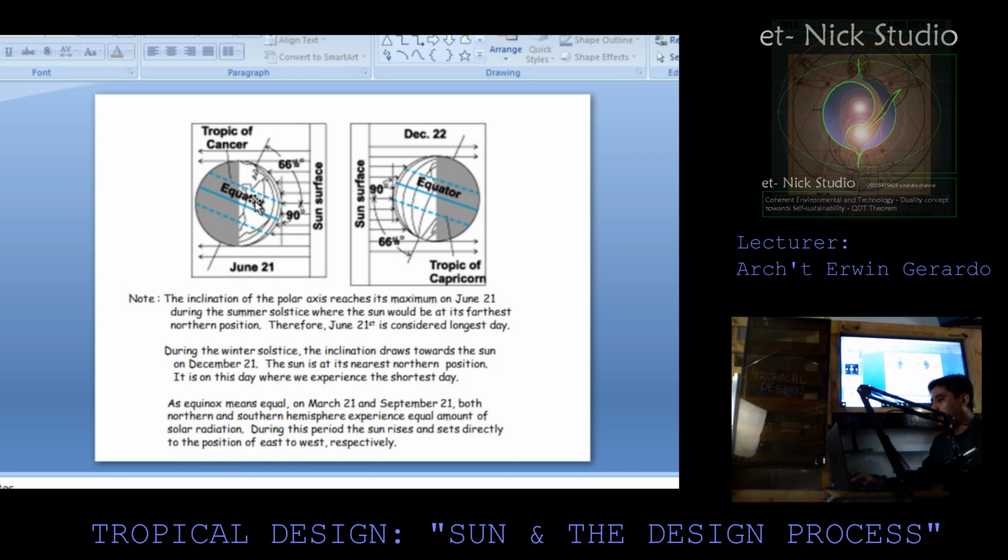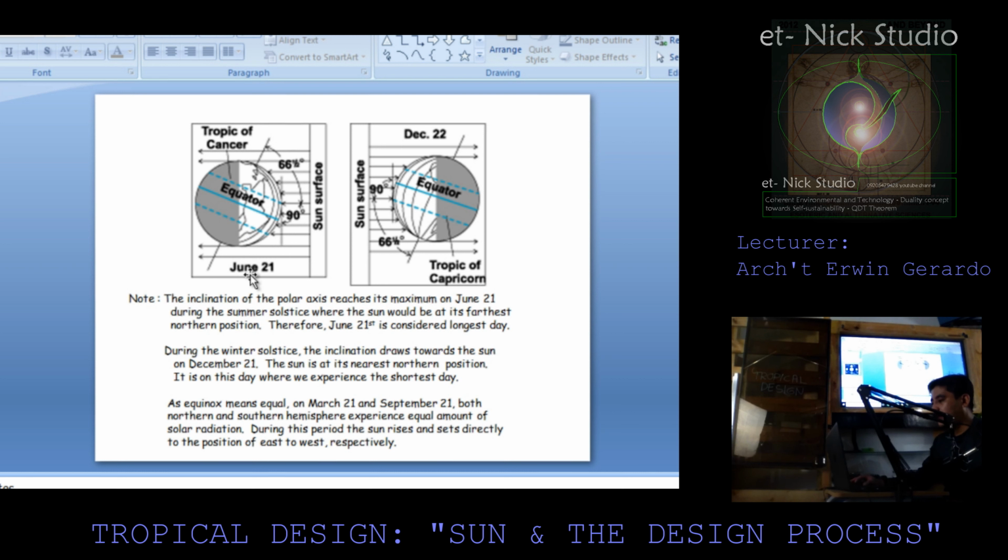Now the Tropic of Cancer, this is the equator side. Now if you're going to look at the angle, it is actually tilted 66.5 degrees through north. Okay, now along the equator side, as you can see, this is considered to be the 90 degree. So from north to south.